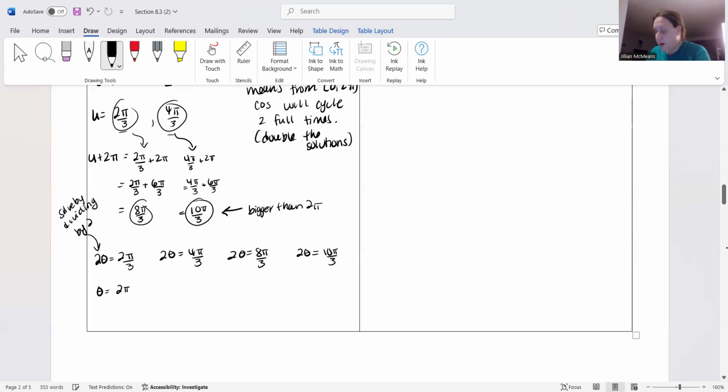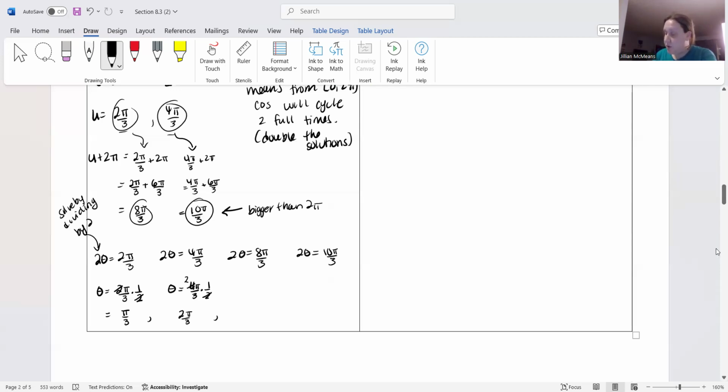And then 2 pi over 3 divided by 2 is 2 pi over 3 times 1/2. 2 divided by 2 is 1, leaving me with pi over 3. And then when I take 2 theta equals 4 pi over 3 and divide both sides by 2, I get theta, and 4 pi over 3 divided by 2 is really 4 pi over 3 times 1/2. Well, 2 goes into 4 twice, leaving me with 2 pi over 3.